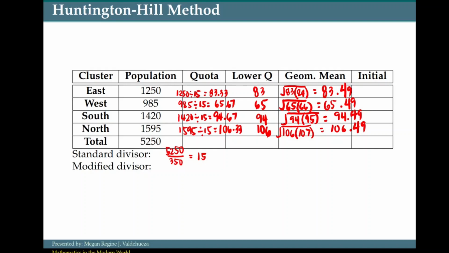So for East, 83.33 versus 83.49, since the geometric mean is greater than the quota, then we round down. So that is 83. 65.67 versus 65.49, since the quota is larger than the geometric mean, we round up. So that will give us 66.